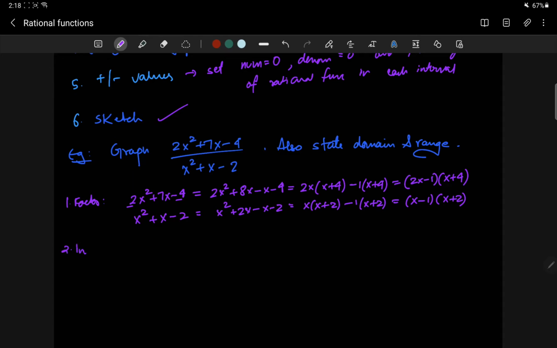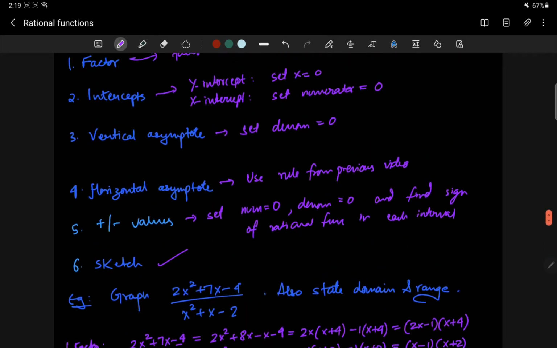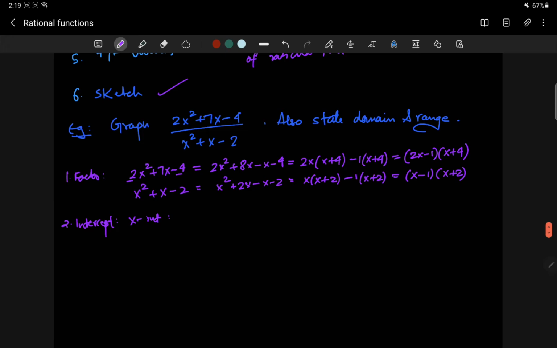The second one is intercept. So x-intercept, let's do that first. X-intercept is basically when the function is 0, which means you set the numerator to be 0. So you have 2x minus 1, x plus 4 equals 0, which gives you x is 1/2 and x is -4.